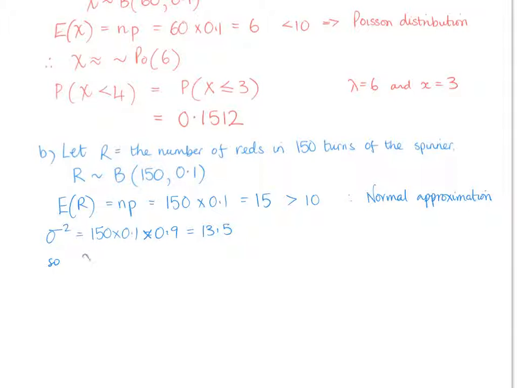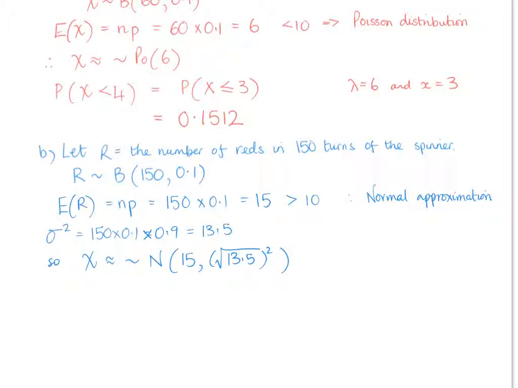So R is approximately following the normal distribution of mean 15 and variance 13.5. So we get the mean and the variance.